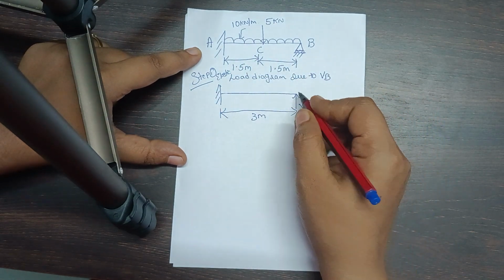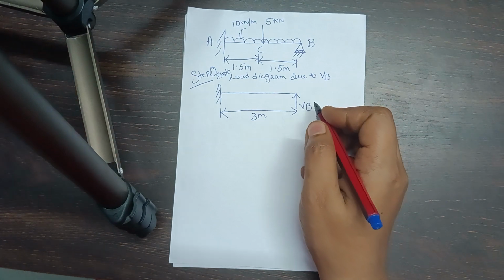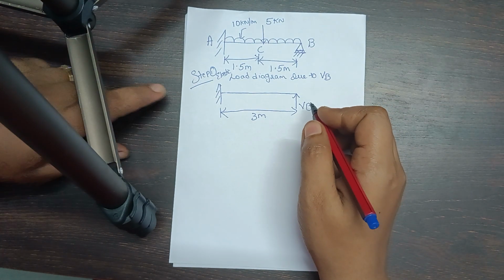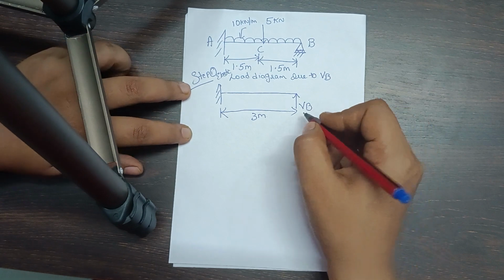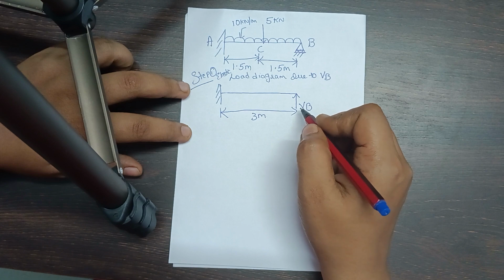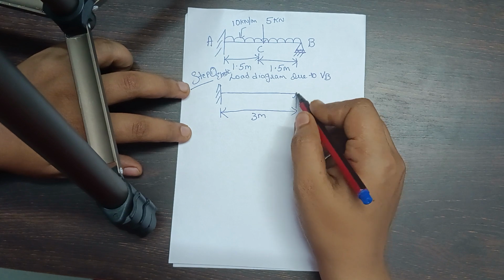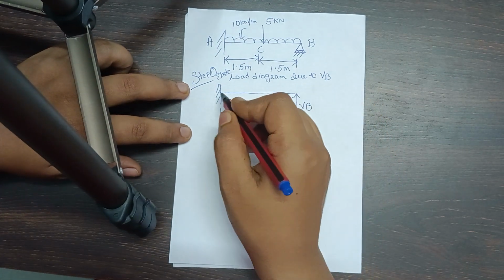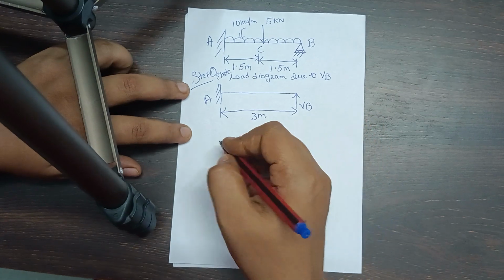So first, for VB, I am supposed to consider the moment about A. Moment is basically defined as load into perpendicular distance. So load is VB, perpendicular distance is 3 meters, so VB into 3 is the moment about A.